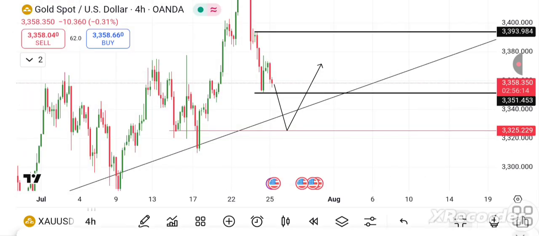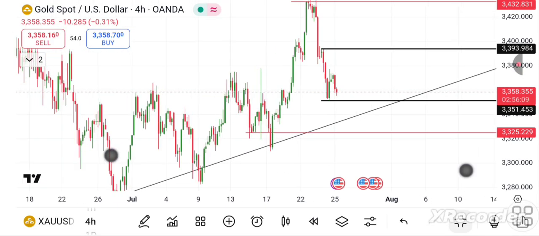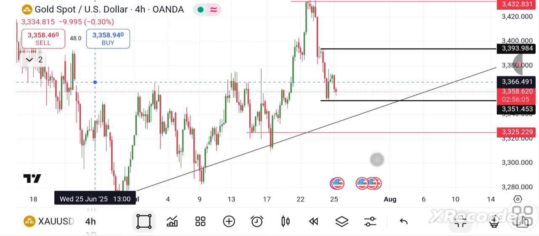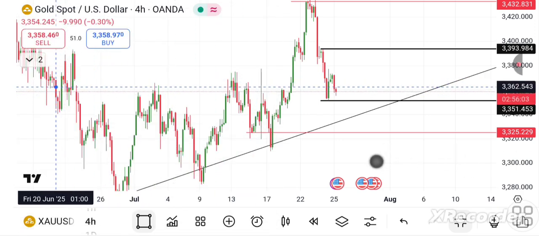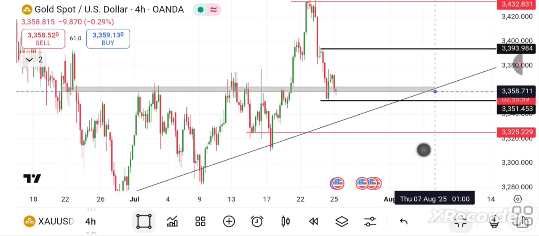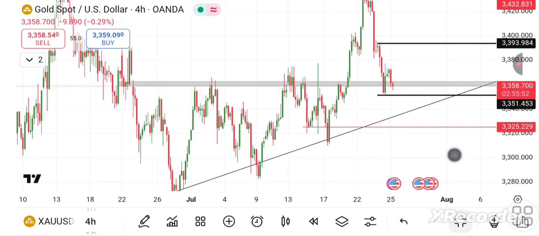So apart from that, we shall mark this zone. Someone would ask me why that zone.